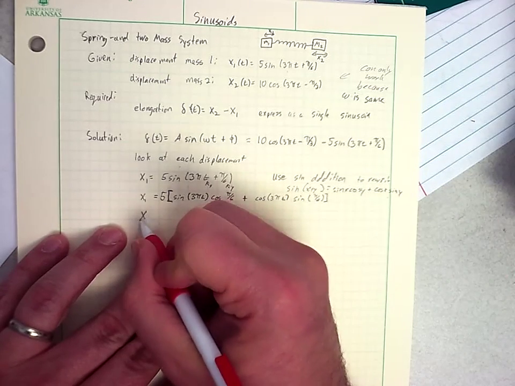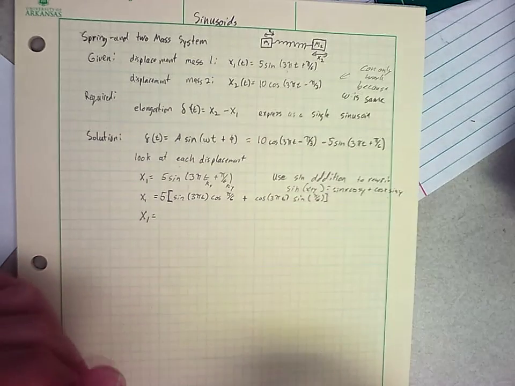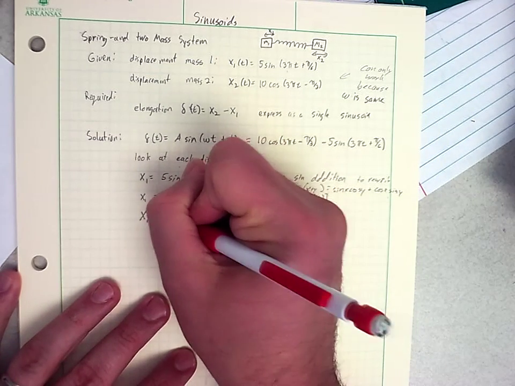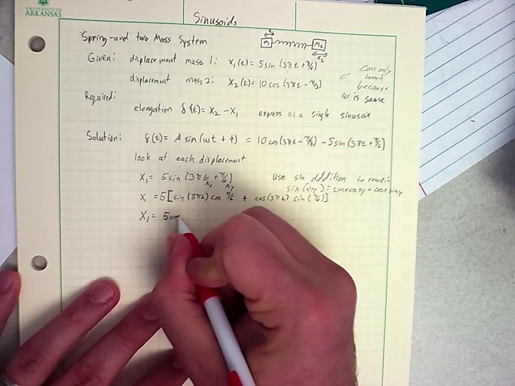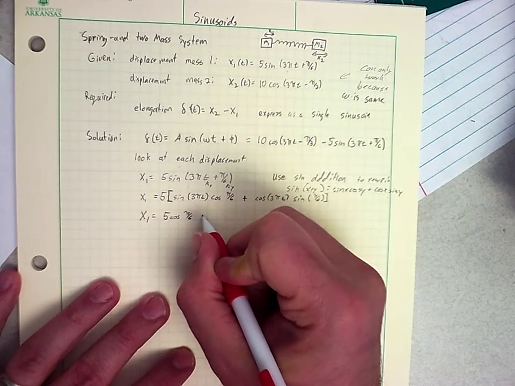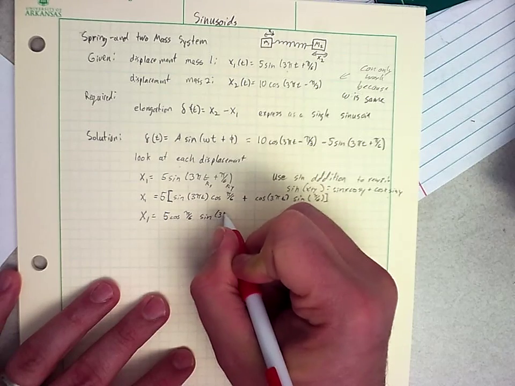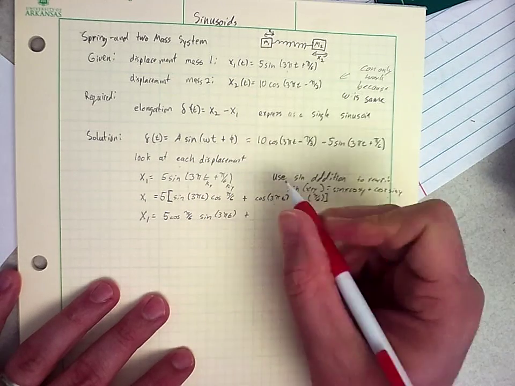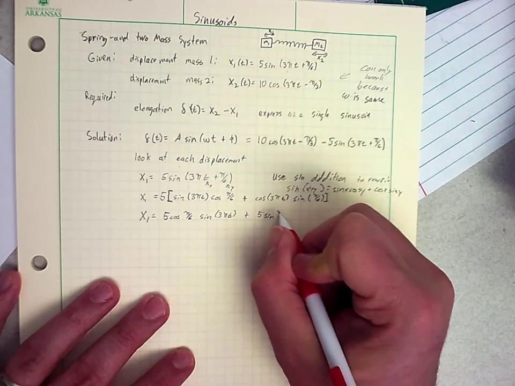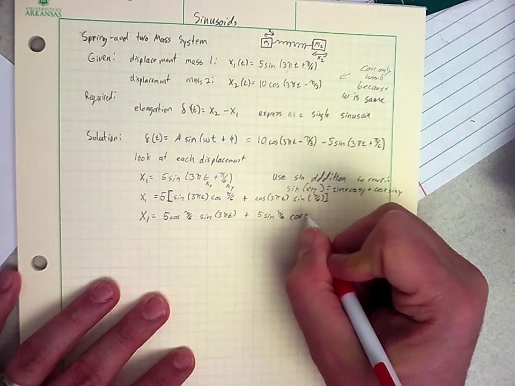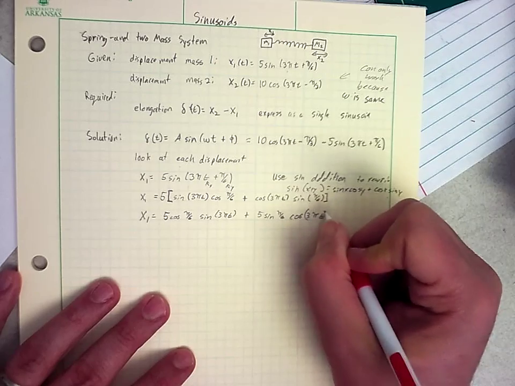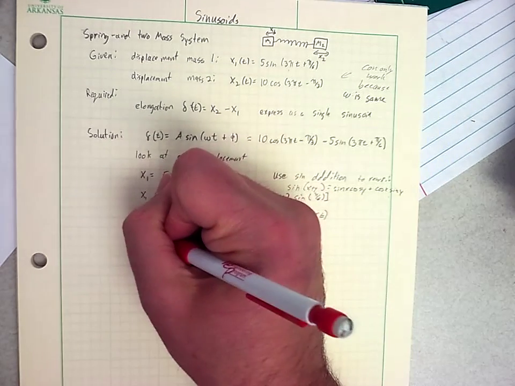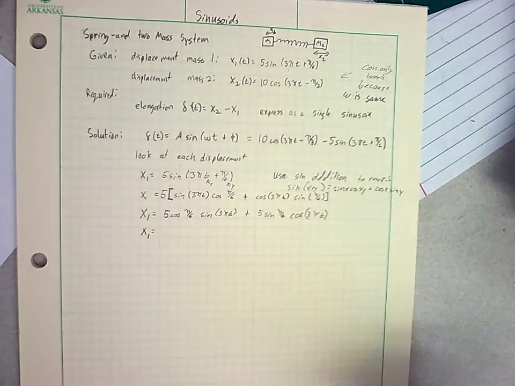So I can rewrite x1 as 5 cosine of pi over 6 times sine of 3 pi t plus 5 sine of pi over 6 times cosine of 3 pi t. And I can simplify that a little bit more by knowing that pi over 6 is, of course, the same as 30 degrees. By going to my unit circle, I know that the cosine of 30 degrees is square root of 3 over 2.